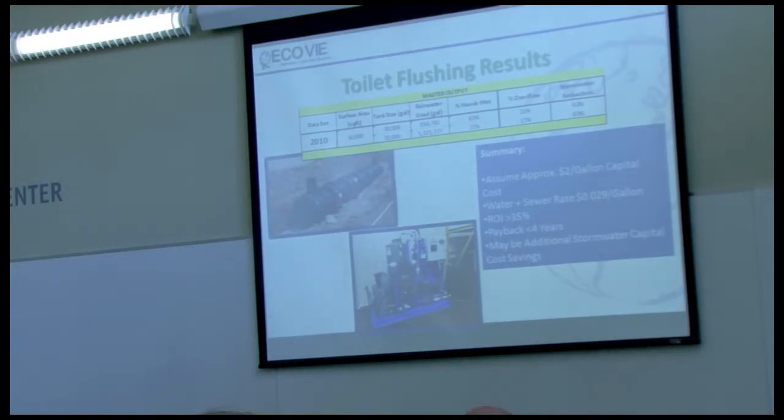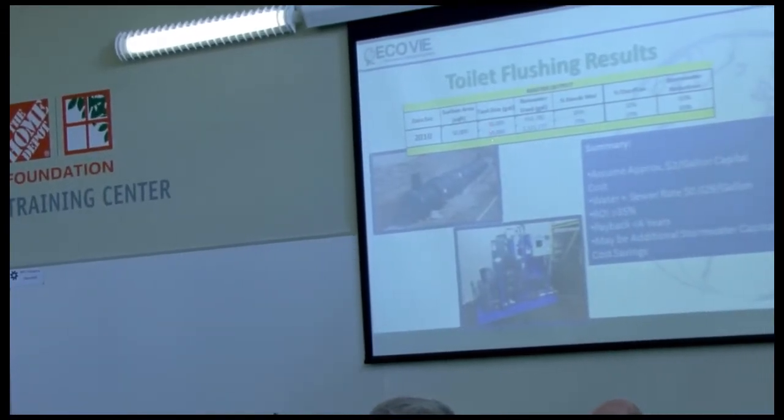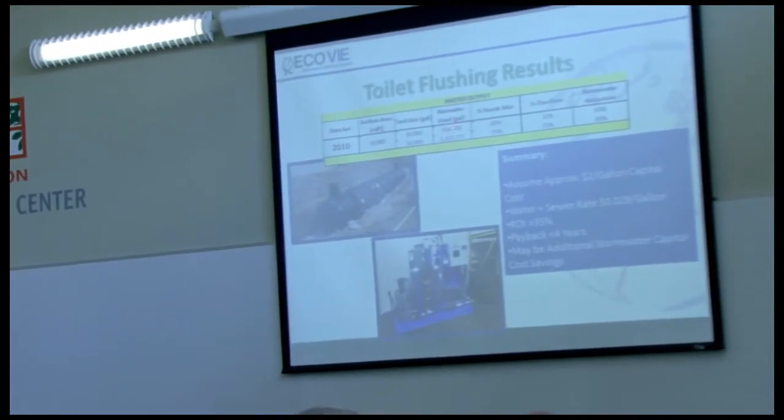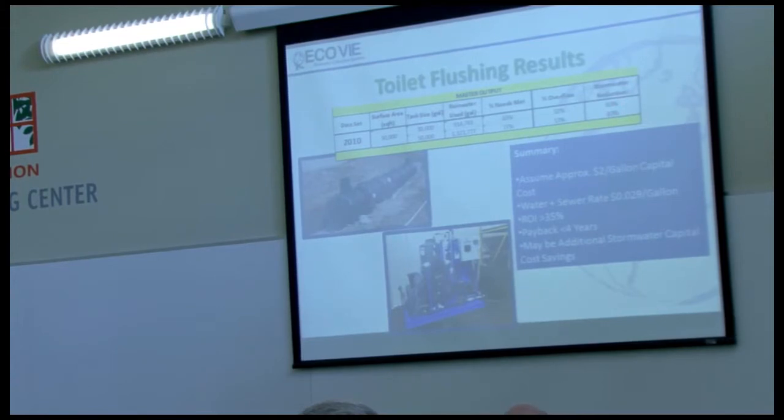Next example, we'll go to the toilet flushing example in year-round use. This one I just happened to run only two different tank sizes. Interesting is the increased tank size, the rainwater supply doesn't go up that much, but the stormwater number goes up quite a bit more.